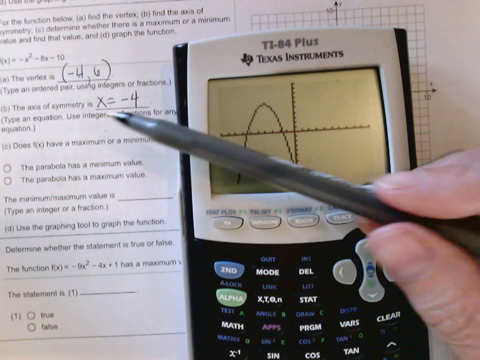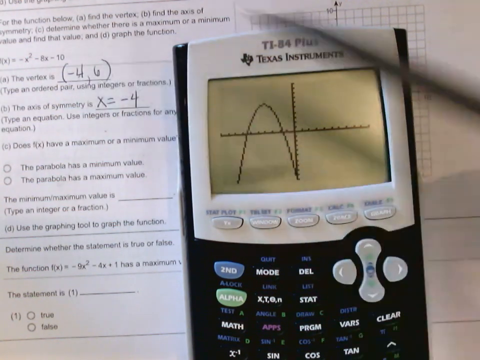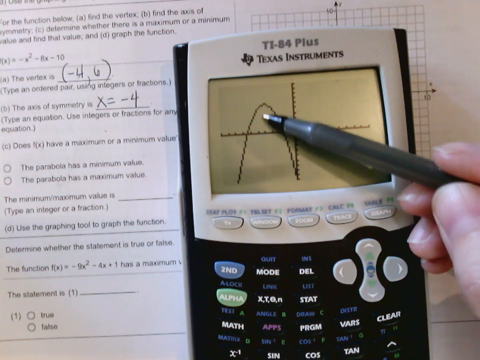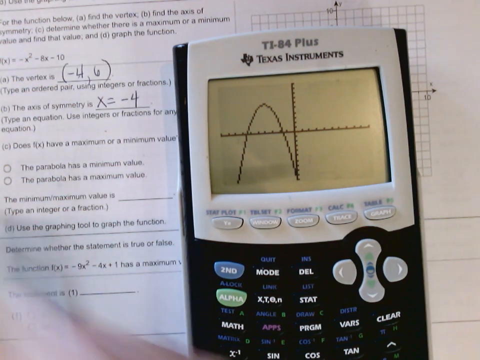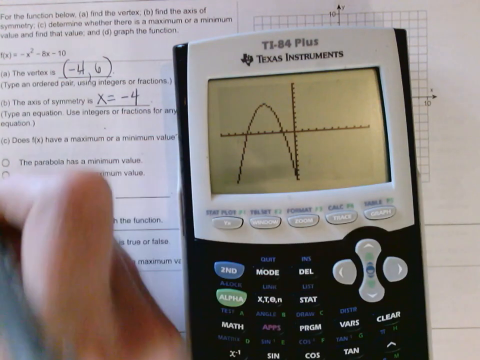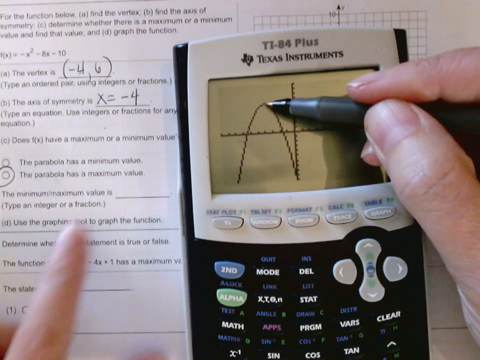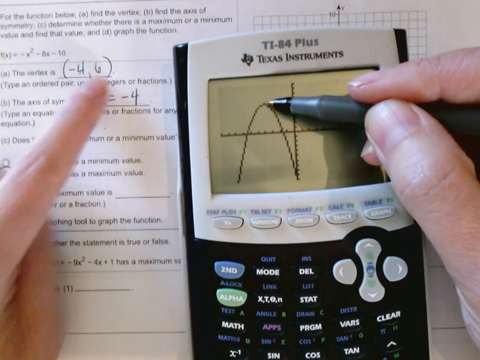And you'll be able to see that its vertex is right where we knew it would be, -4, 6. So 1, 2, 3, 4, -4, and then up 6, right where we knew it would be. So this actually has a maximum value, since the vertex is at the top. And the maximum value is always just what the y value was there.